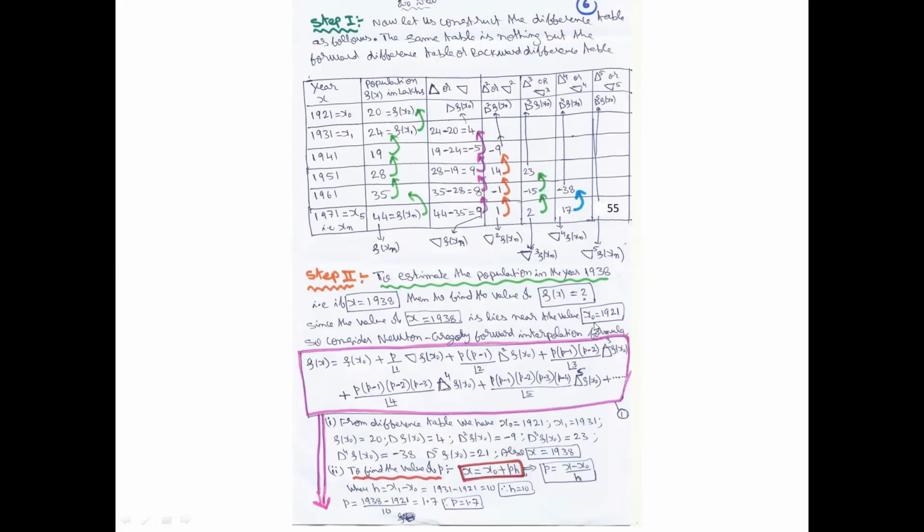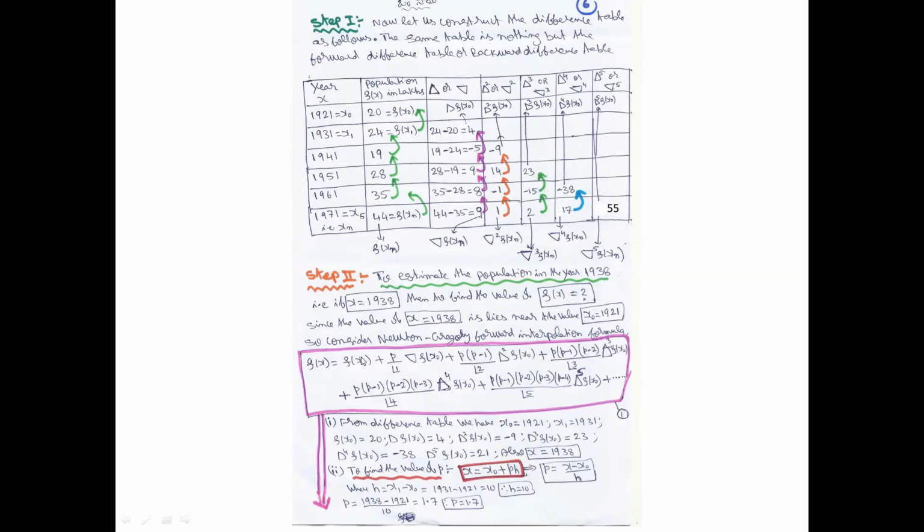Once again, make it clear: the x value 1938 is nearer to x naught, so we must use the Newton-Gregory forward interpolation formula. Suppose it is nearer to xn, then we have to use the Newton-Gregory backward interpolation formula. Here, see the cursor. Here I have given the formula. This is the formula.